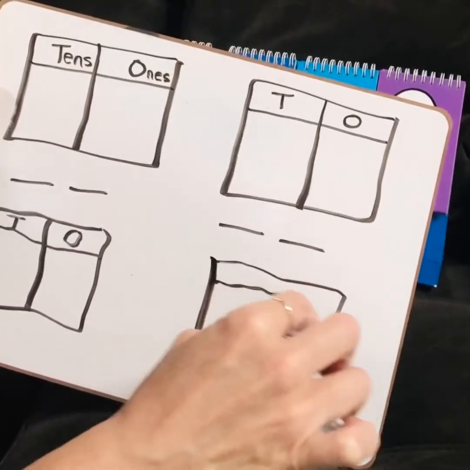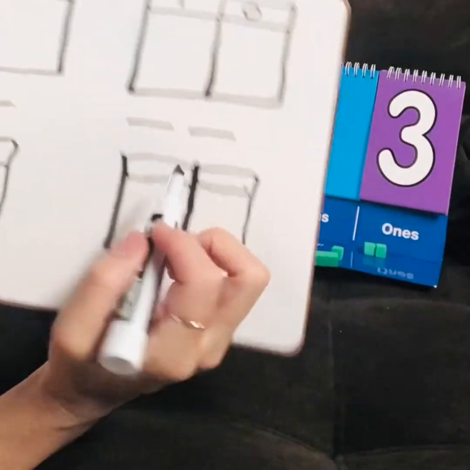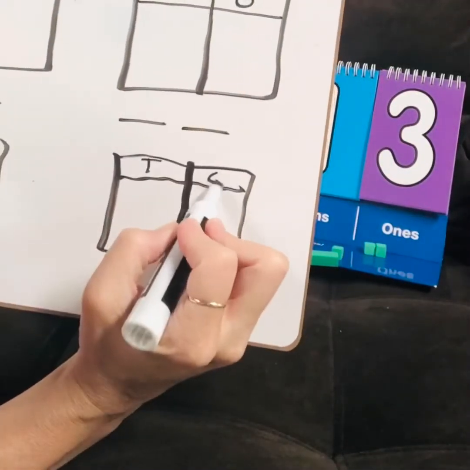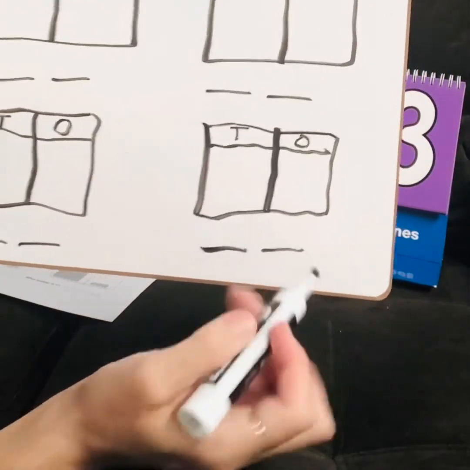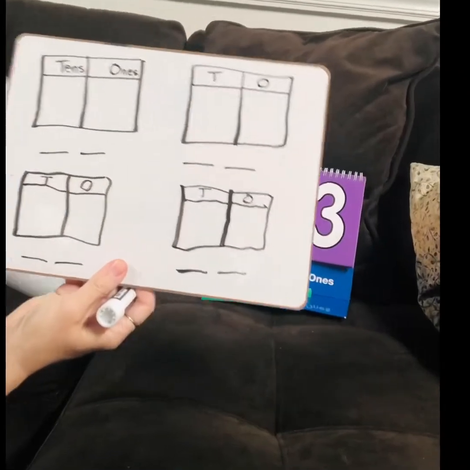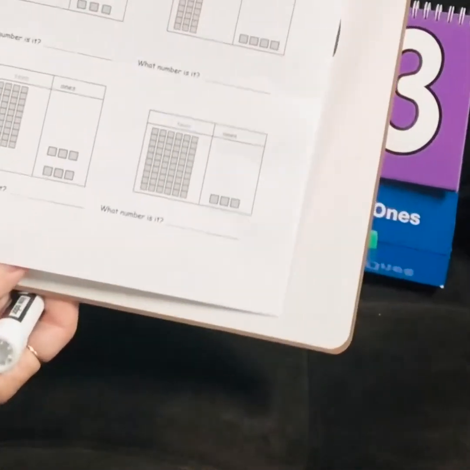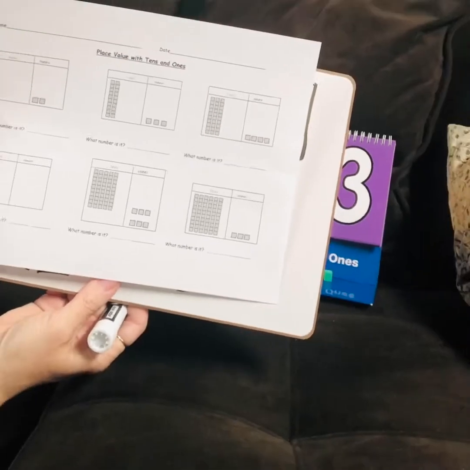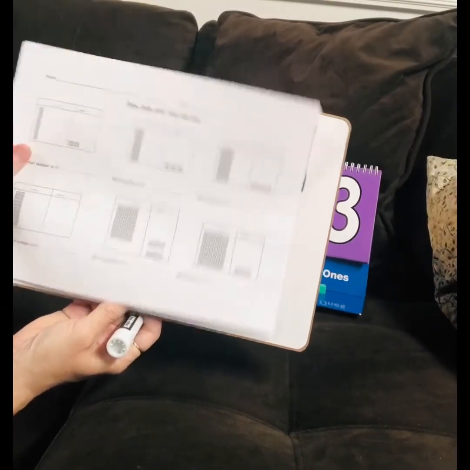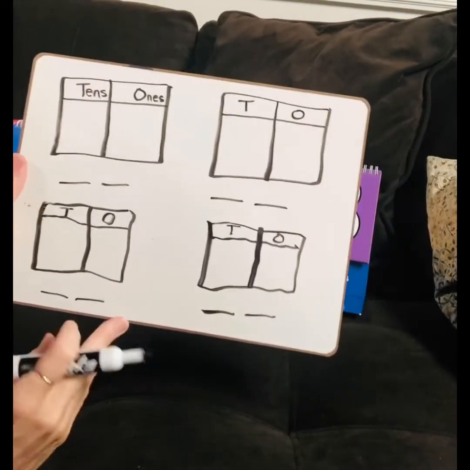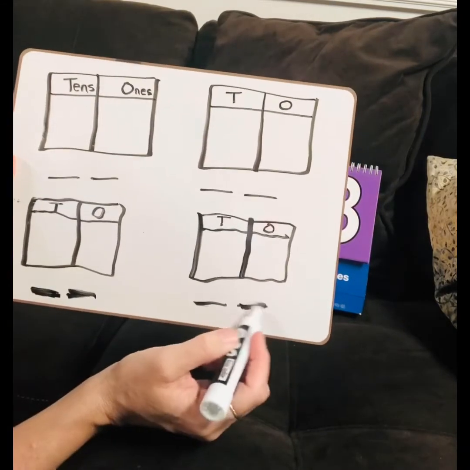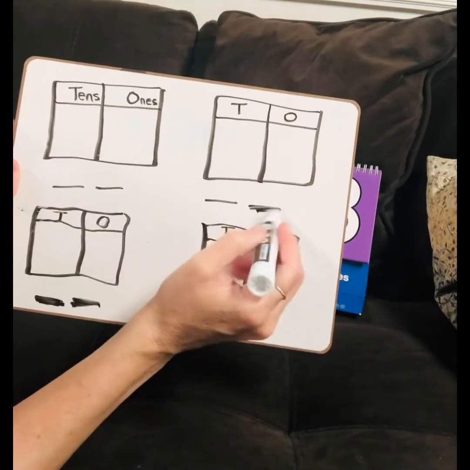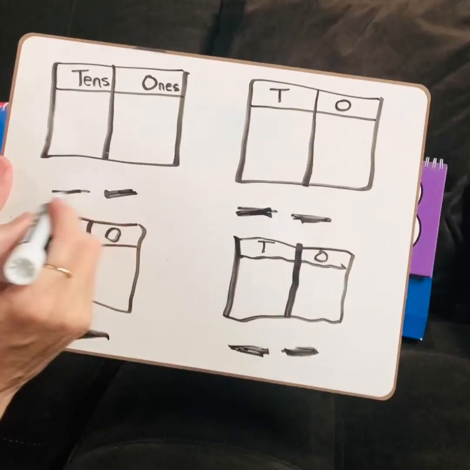Try and get at least 4 boxes, and I'm hurrying so they're not the straightest. Then you want to have 2 lines down below, just like the paper that you can download or print out. So this is our ones, this is our tens, our ones and our tens, our ones and our tens.